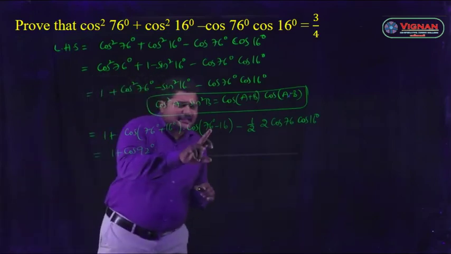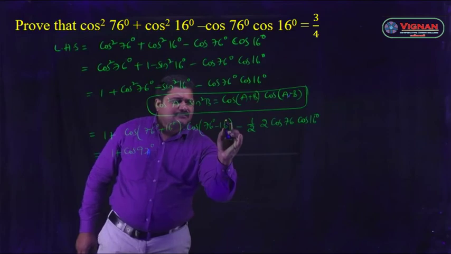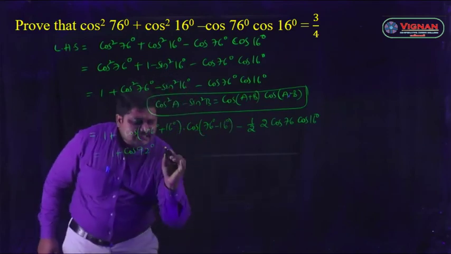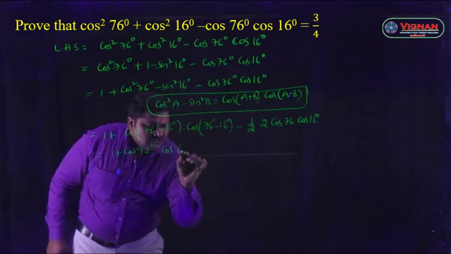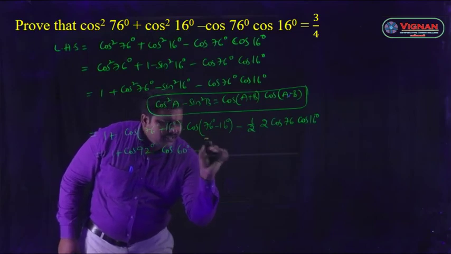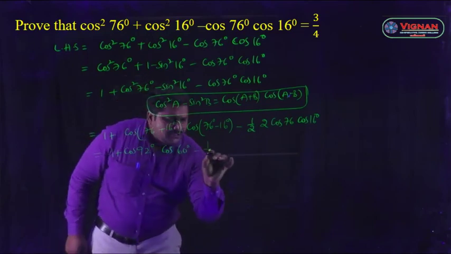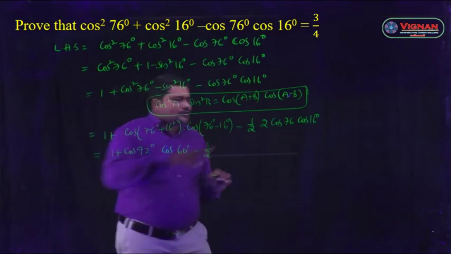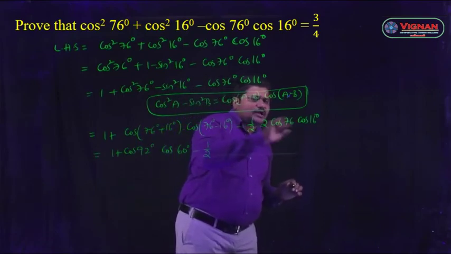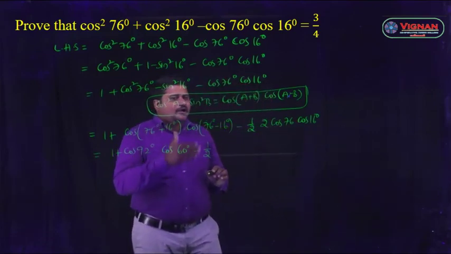Here 76 minus 16 is cos 60 degrees, minus 1 by 2 into 1 by 2 into 2 cos A cos B.